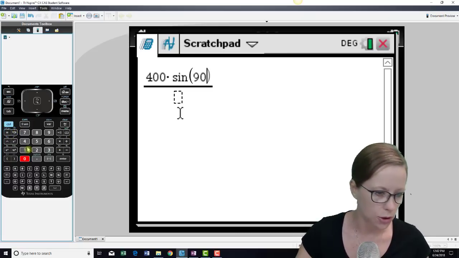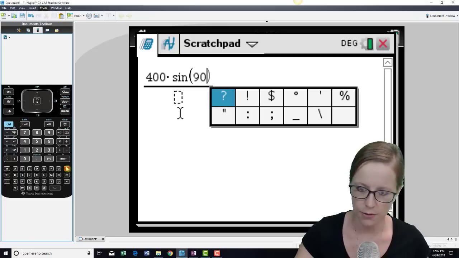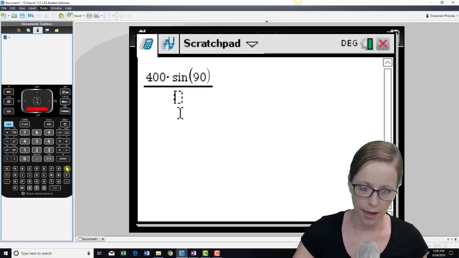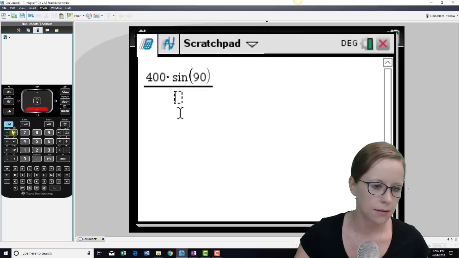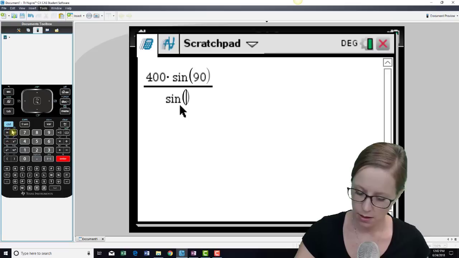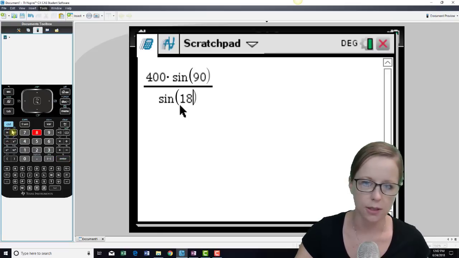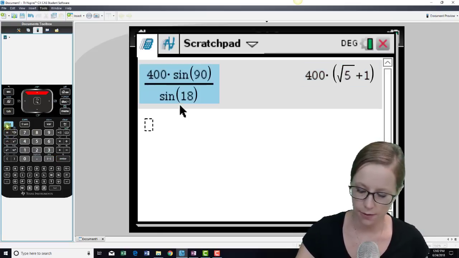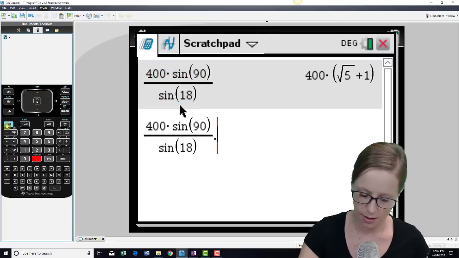You would just have to do degrees, which I think is here. Yeah, you would have to use that degree symbol over there. Divided by sine of 18, and you would have to use a degree symbol. Oh, jeez. Sorry, I forgot his calculator's wacky.